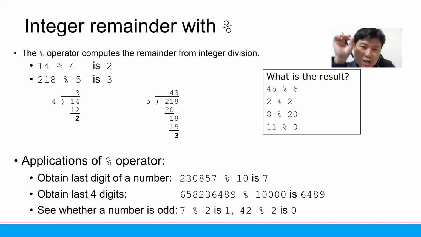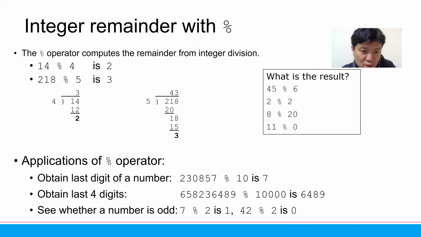Then you want to know only the last digit, so you can have the number remainder 10, and we will have 7. Or if you want the last 4 digits, when you do the remainder 10,000, the result will be only the last 4 digits, because 10,000 has 4 digits, so the 4 digits will be captured.